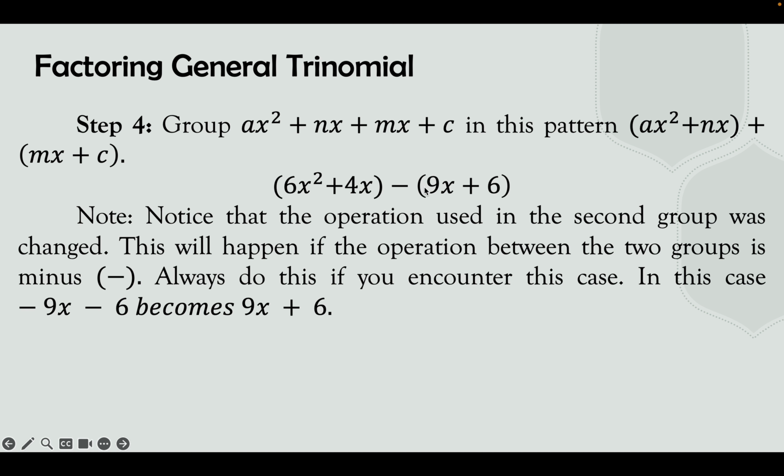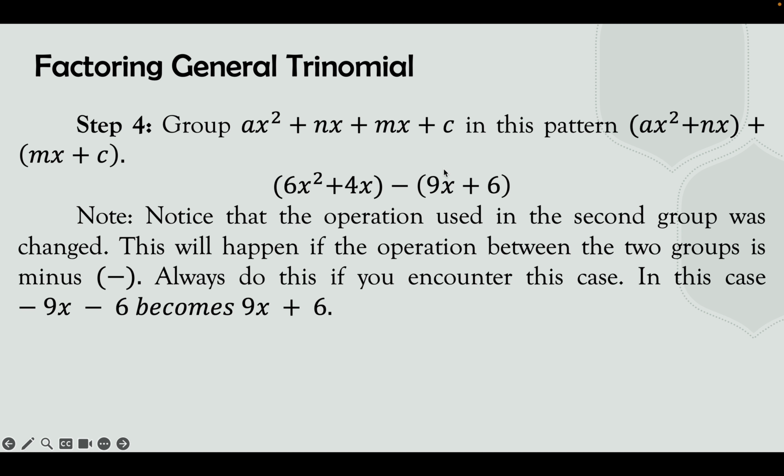So before, we have negative 9x minus 6, right? This will happen if your operation of the two groups is minus. Always do this if you encounter this case. In this case, negative 9x minus 6 becomes 9x plus 6. And then your operation now is minus.